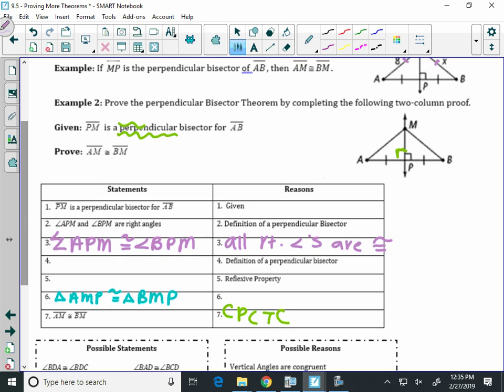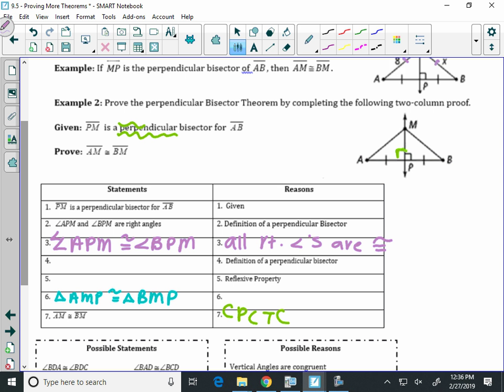Well, another reason says definition of a perpendicular bisector again. I know perpendicular bisectors make right angles. What else do we know about perpendicular bisectors? It's a bisector, so what's it doing? Cutting in half. And what are we cutting in half? Are we cutting an angle in half or segments in half? Segments.